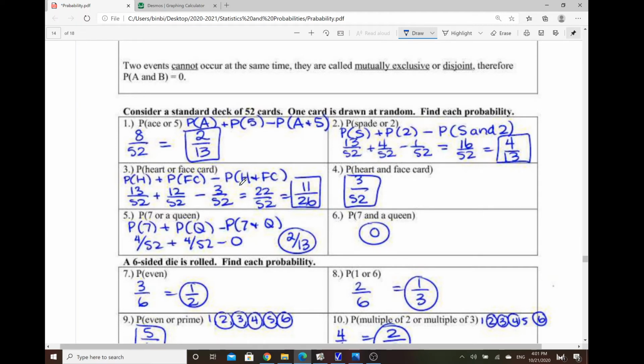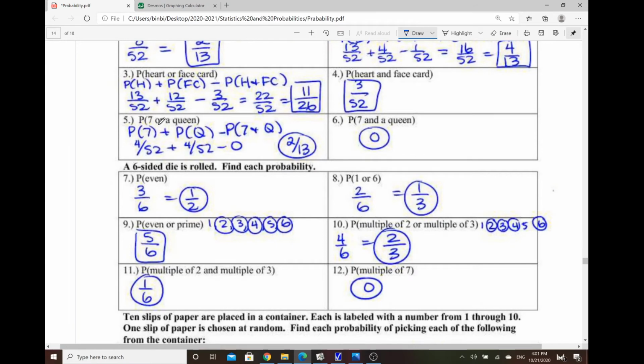Oh, the jack, the queen, and the king, it's only 3 of them which are also hearts. So the heart king, the heart queen, and the heart jack, so 3 over 52. So with the overlap, 13 plus 12 minus 3, 22 over 52, which is 11 over 26.